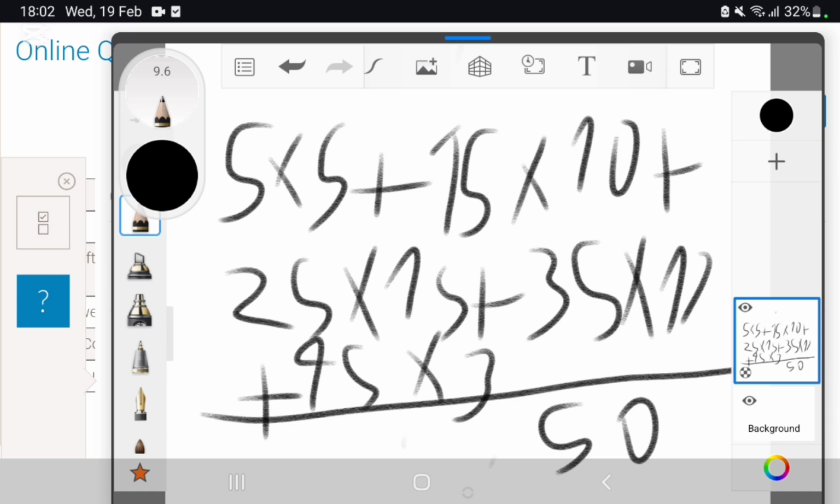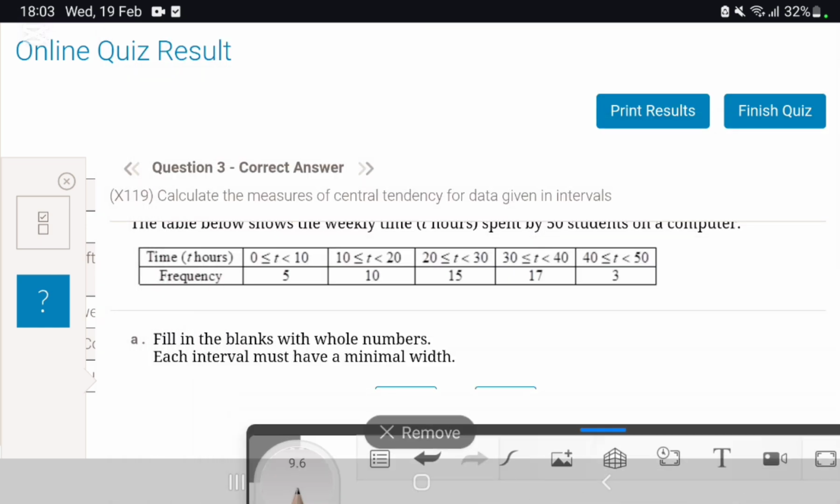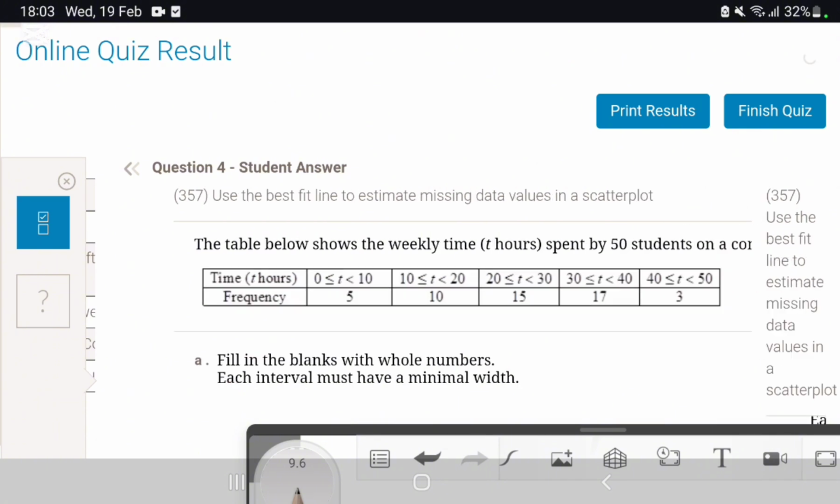I made a calculation mistake over here. We will get 25.6, which is 26 to the nearest whole number.